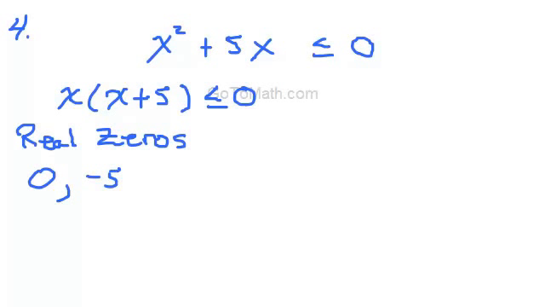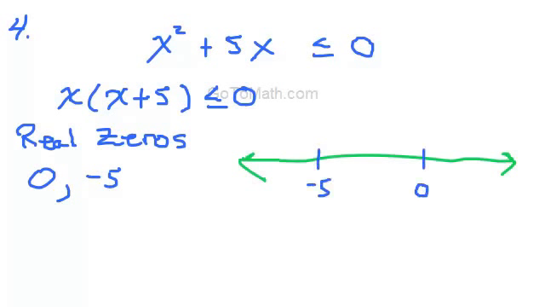And I'm kind of skipping that step, hoping that you know that. There are some intermediate steps that I'm not really taking, assuming that you already know those intermediate steps. So let's go ahead and we'll put negative 5 right here, and we'll put 0 right there.